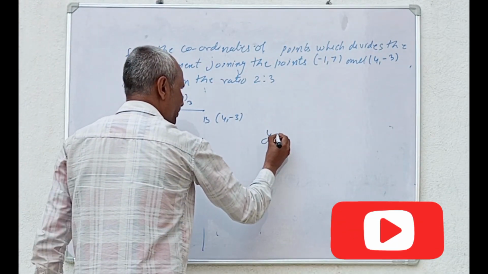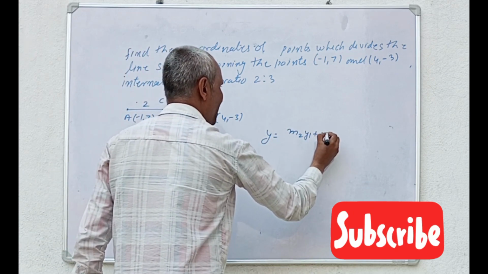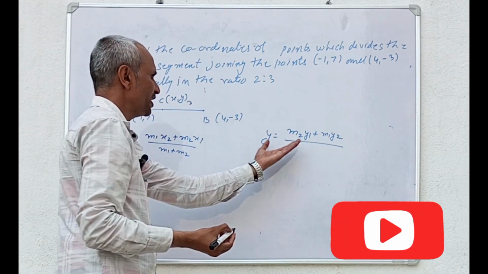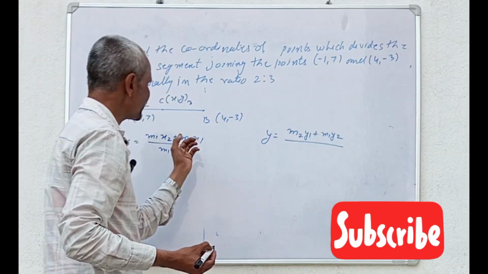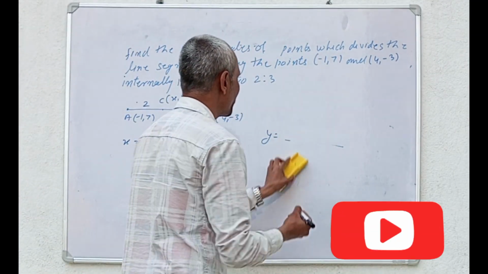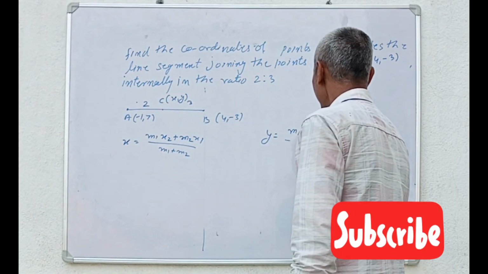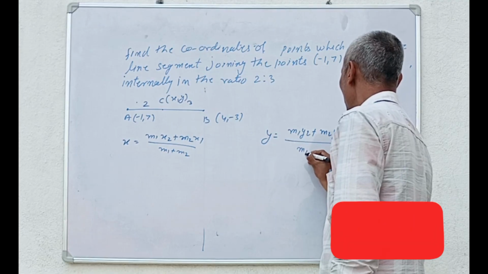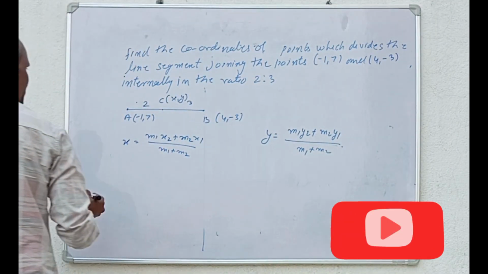Y is equal to m2 y1 plus m1 y2 by, you can write it the reverse way, if 2 1 here then 1 2 here also, plus has no change. Same formula, so that there is no confusion it can be written m1 y2 plus m2 y1 by m1 plus m2.